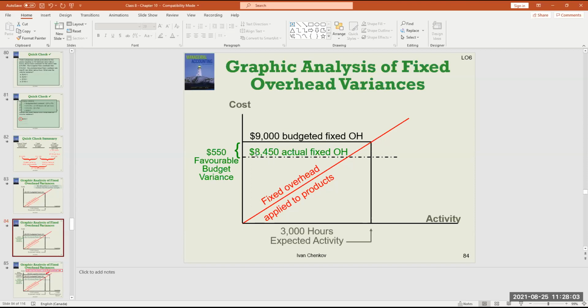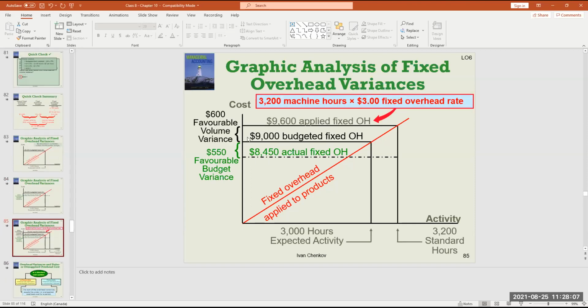The actual is 8,450. Our capacity, however, through our capacity, we can have 9,600. So you can see this is where our capacity is. This is where we budgeted. This is where we actually are.